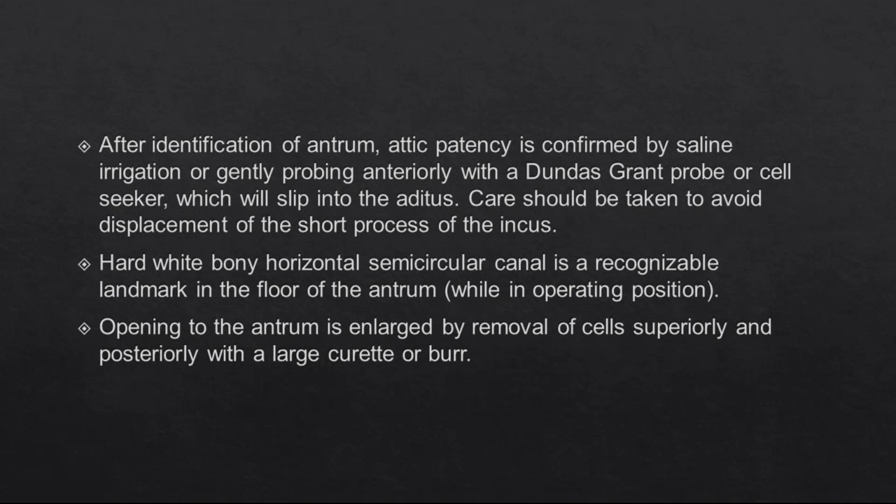Now, the opening of the antrum is enlarged by removing cells superiorly and posteriorly. Superiorly, these are the cells known as the retrolabyrinthine and supralabyrinthine cells. You try to remove them and follow the cholesteatoma to all the cells where it goes, and try to remove the cholesteatoma sac.